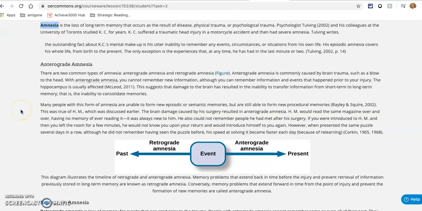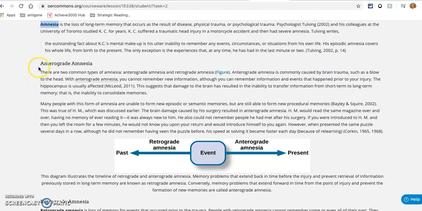All right, we're going to move down to anterograde amnesia. I don't know what anterograde means, and so that's a question. What is anterograde amnesia? There are 2 common types of amnesia: anterograde amnesia and retrograde amnesia. And right here with retrograde amnesia, I am making that connection with retro, meaning back. So it must have something to do with the past.